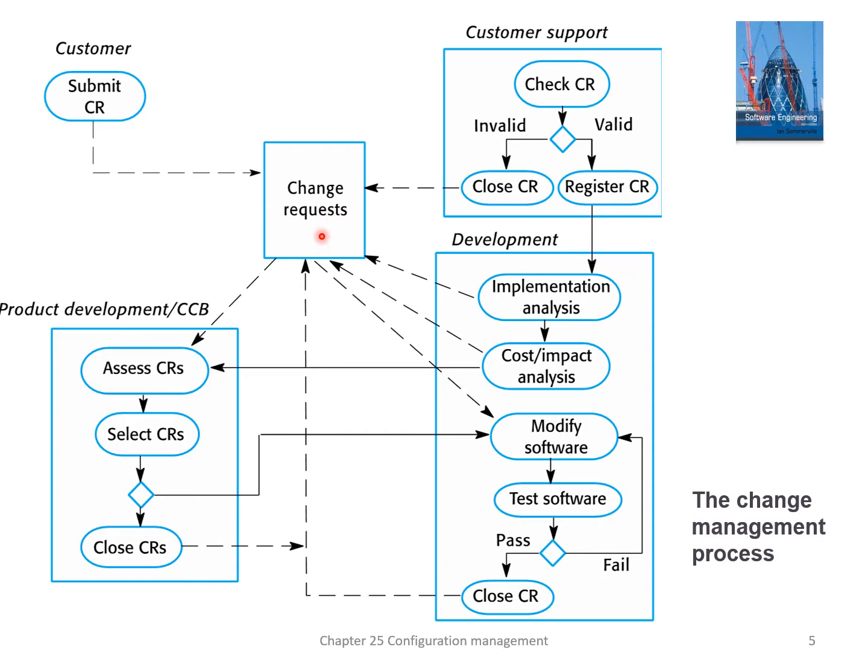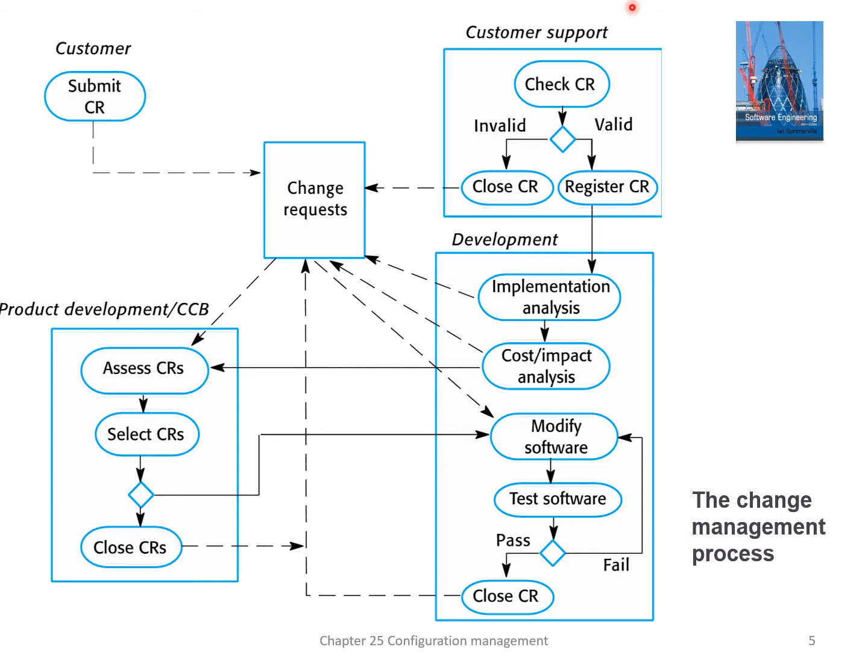The change is not immediately accepted. It must go through a decision process. This is the team that decides whether they should agree with the changes or not. They will be thinking about the costs and benefits if they agree to the changes.